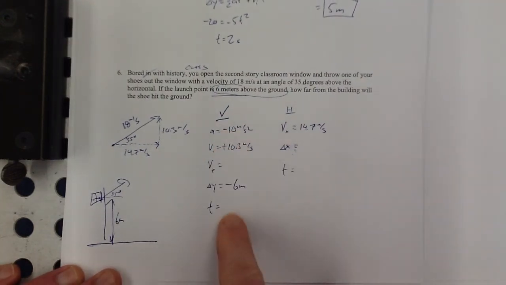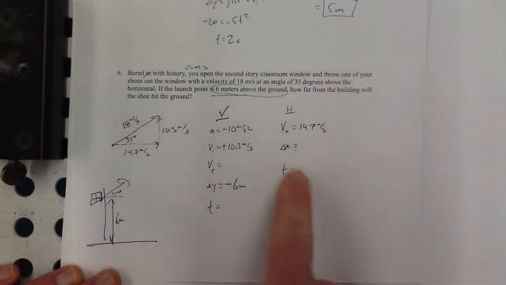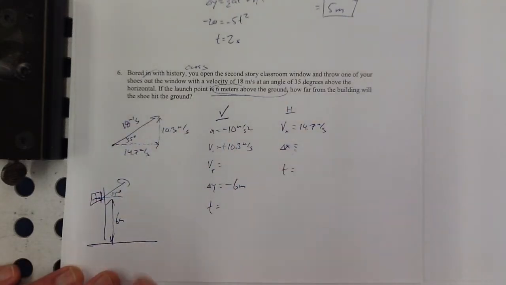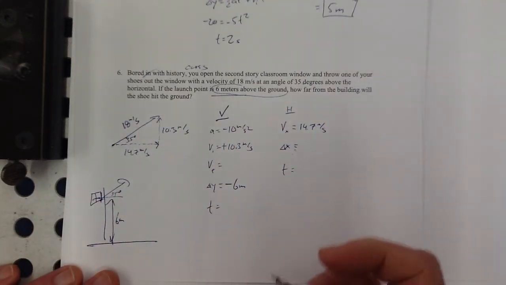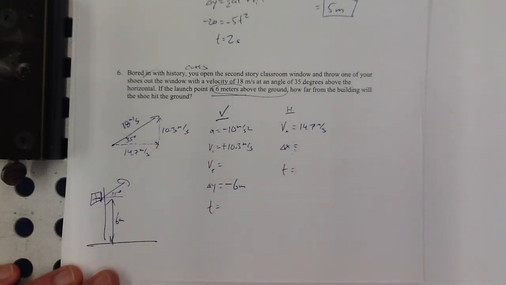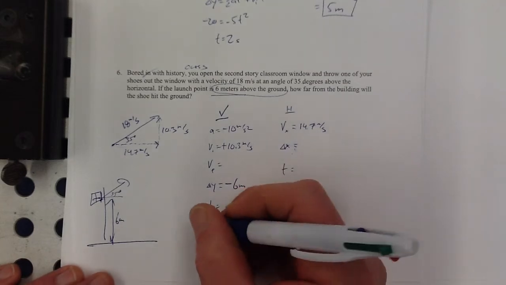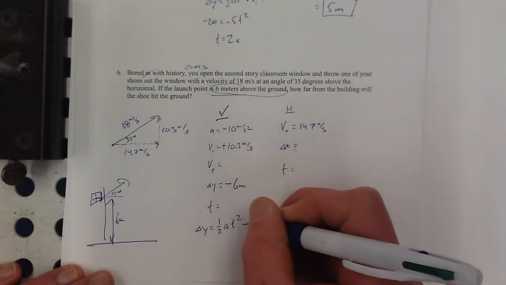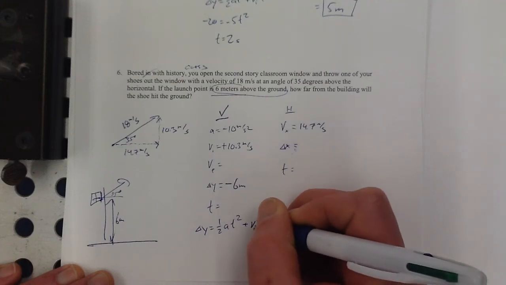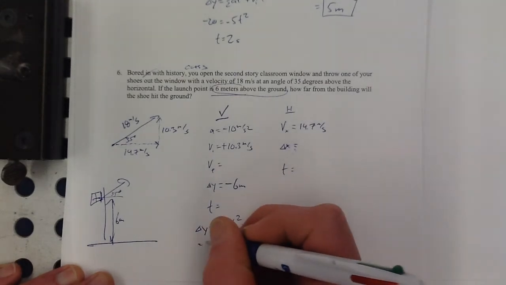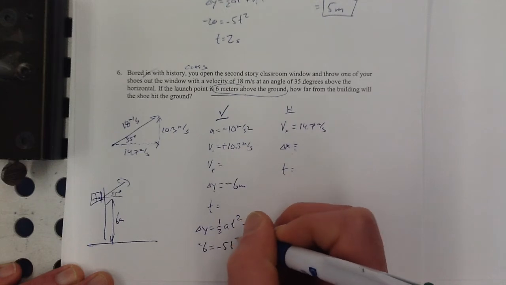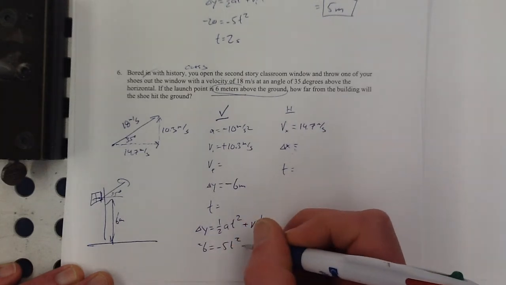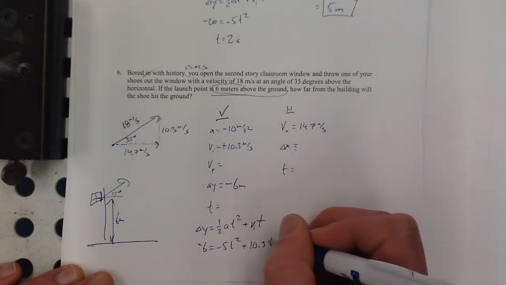I can find the time over here, bring it here, and then how far from the building, looking for that delta x. This is just totally standard, classic, just like your projectile launch practicum, like many problems that you have done. I think we are definitely going to have to do graphing for this one. Minus 6 minus 5t squared plus 10.3t.